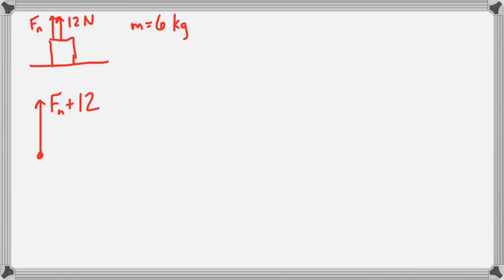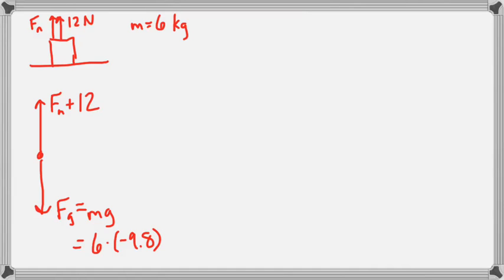What is acting down on the box is the force of gravity. And since I know the mass of the box, I can already calculate the force due to gravity. That is m times g. And we know that m is 6 kilograms and g is negative 9.8. We'll keep that there for now, and when we need to use it, we'll bring it back up again.